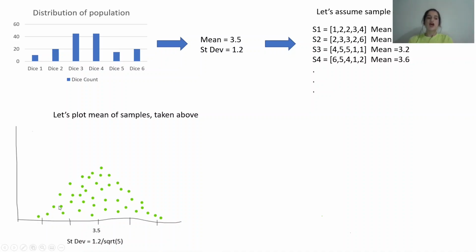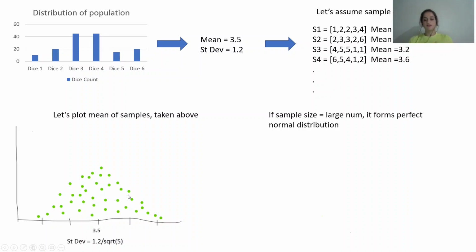The more points you plot, the better. Here I took 100 points. If you go with 1000 points or maybe 5000 points, this graph will be more densely populated and it will look more like a normal distribution. One of the conditions was that it doesn't matter whether our population is normal or skewed. Our population doesn't look normal, it is slightly skewed, that is true, but still the plot of the means of samples will be normally distributed.